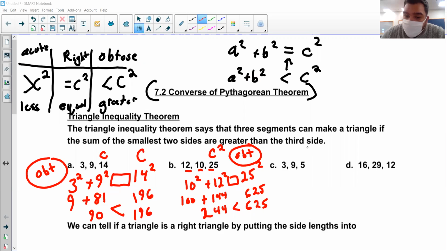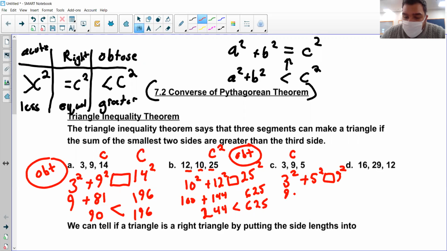Let's see the next one. 3 squared plus, remember, the biggest one is C. So 9 is your C. 5 squared, I don't know if it's equal, is 9 squared.